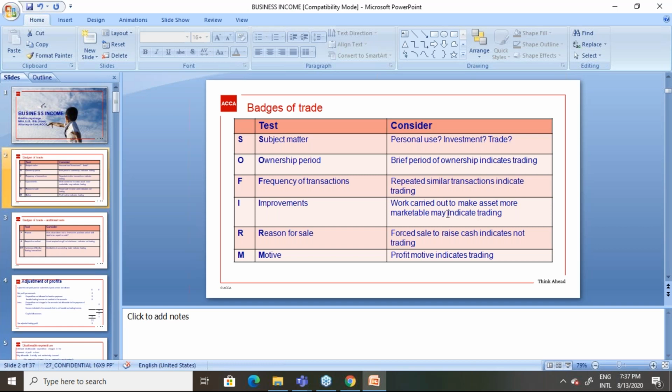But if you sell land, or if you dispose shares, they will be treated as transactions for the purpose of CGT. But if you are in the business of selling lands, if you are in the business of investing in shares and selling those investments, especially if you are in the business of selling properties, that may not be considered as a capital transaction.